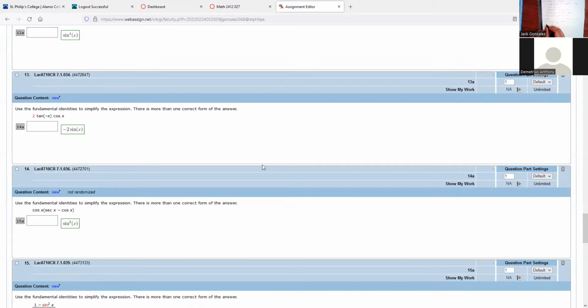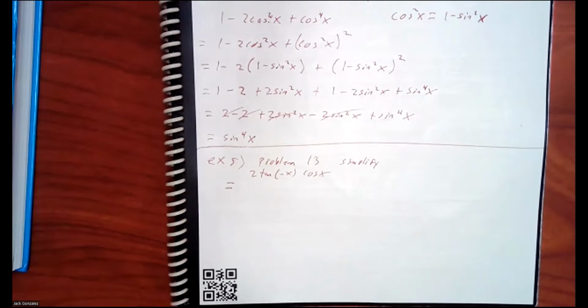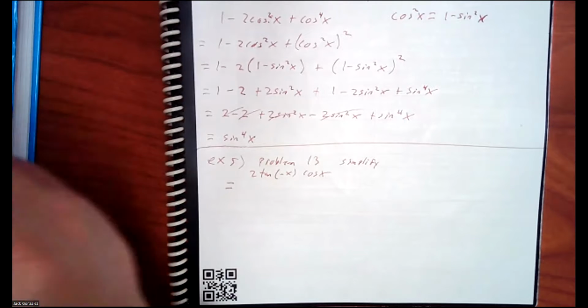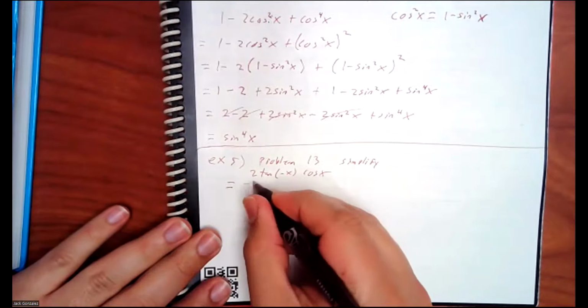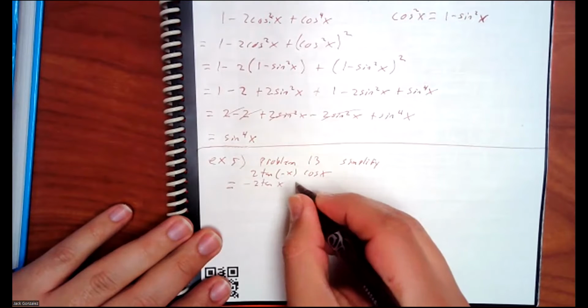So tangent is odd, right? We said. Oh yeah, thanks. So if there's a negative x or negative something inside, you can pull the negative out. So this becomes negative 2 tan x cosine x.